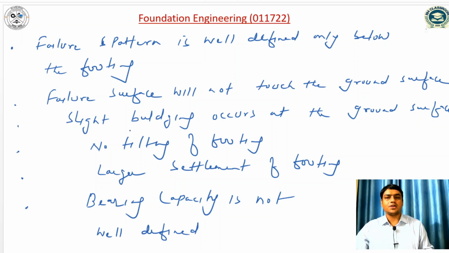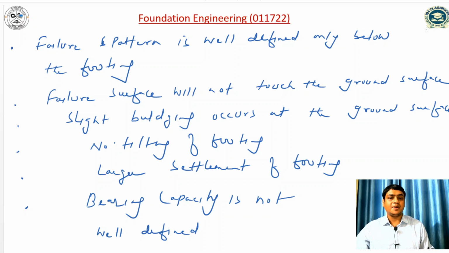The first one is local shear failure occurs in loose sand, relative density lies between 30 to 70% and angle of internal friction less than or equal to 29 degree. Third point I have discussed, failure pattern is well defined only below the footing. But we have seen in general shear failure, the failure pattern is well defined around the entire footing and the failure surface easily touches the ground surface, but in local shear failure, the failure surface will not touch the ground surface.